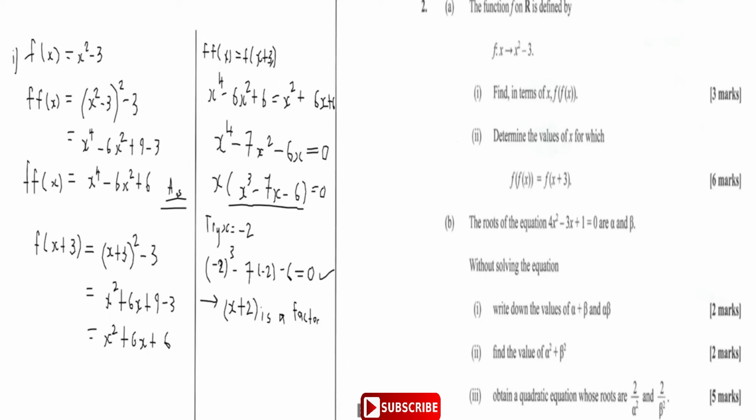All right, so we're going to do this polynomial division now. We're dividing the cubic equation, x cubed minus 7x minus 6, by x plus 2.